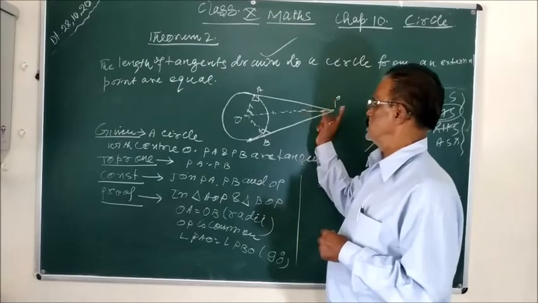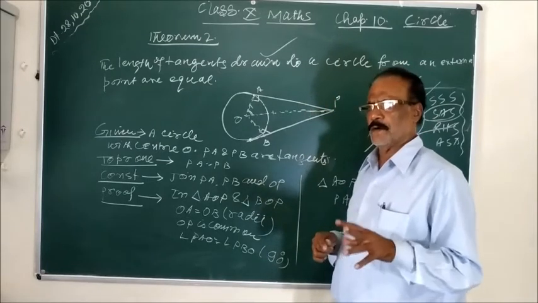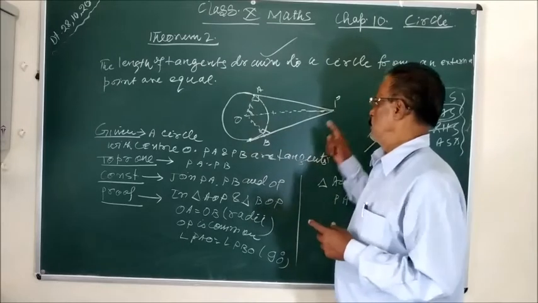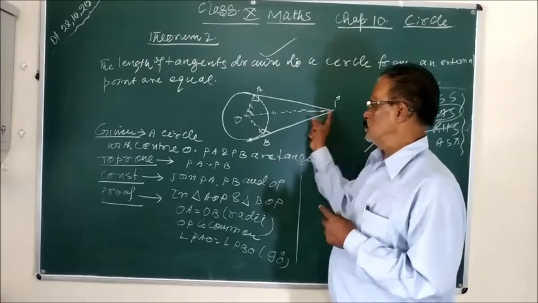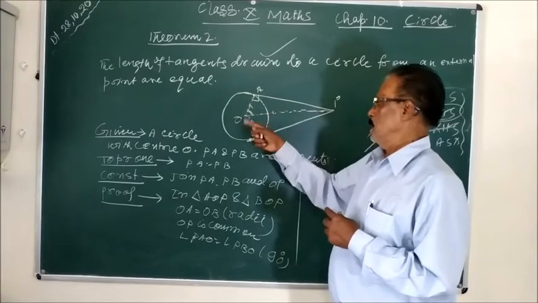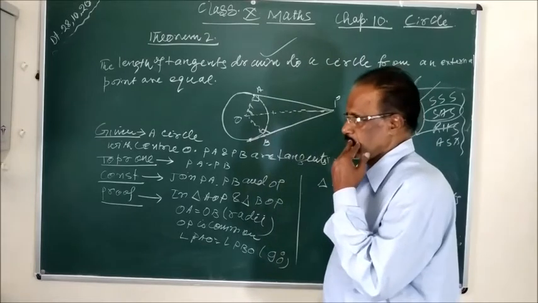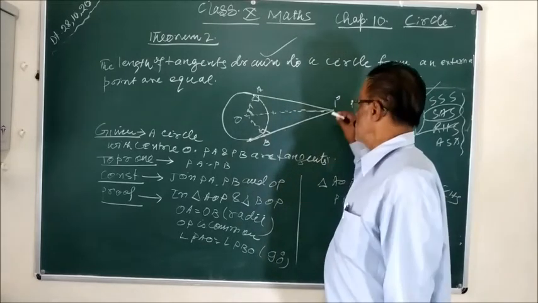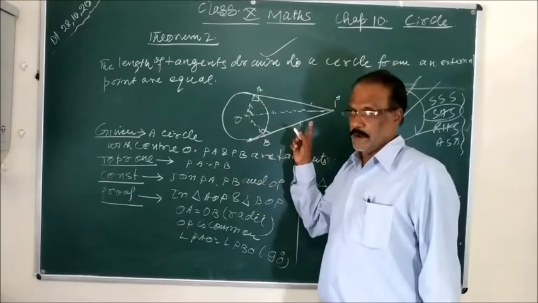And from this exterior point, as I have told you, we can draw maximum 2 tangents. We cannot draw more than 2 tangents because if you try to draw, this will either intersect the circle at 2 points or it will pass out of the circle. So PA is equal to PB. You have to prove PA is equal to PB.